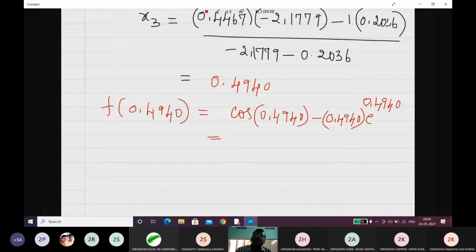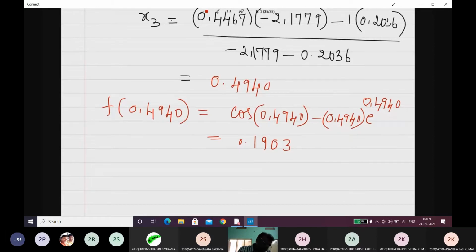Cos of 0.4940 minus 0.4940 into e power 0.4940. 0.1903. Is it correct? Check it, all of you, once again.